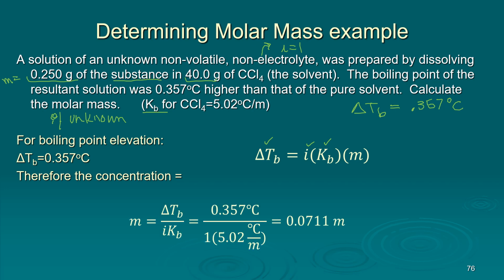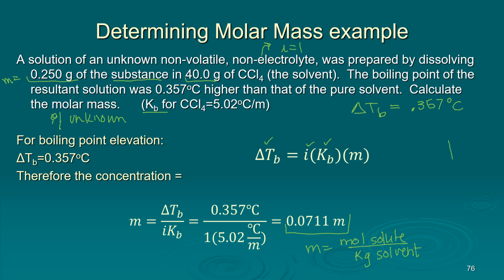So m equals delta TB, which is 0.357, divided by I, which is 1, divided by Kb, which is given to us, 5.02. So the molality of our solution is 0.0711 moles, and molal, remember, is moles of solute per kilogram of solvent.